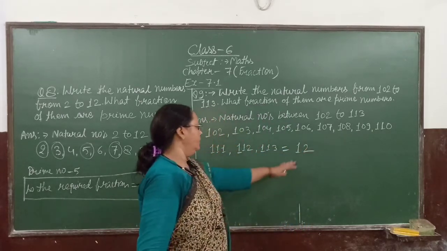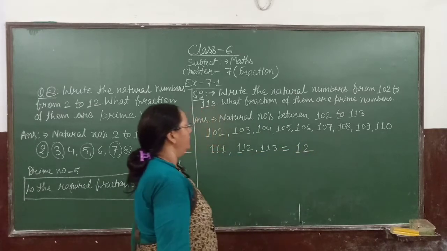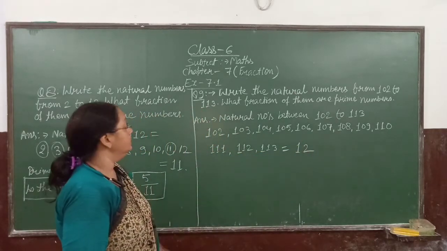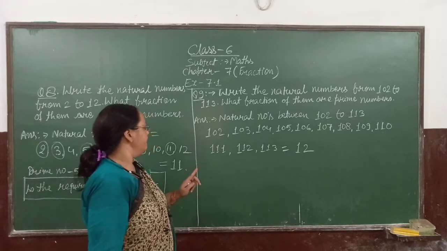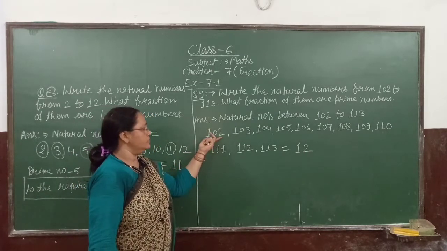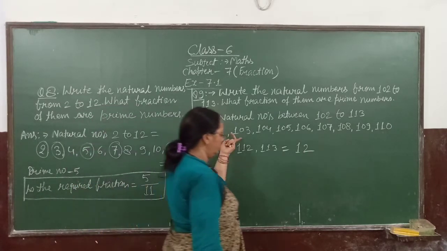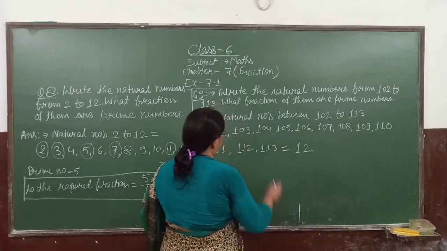So the whole is 12 and you have to circle the prime numbers here. This is a composite number. This one is a prime number.